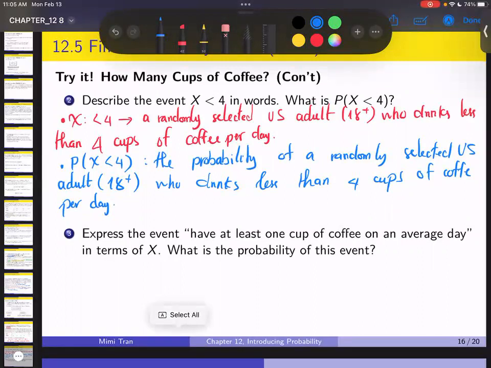So at least means what? What is the direction of my inequality?